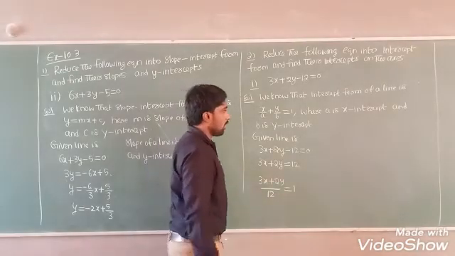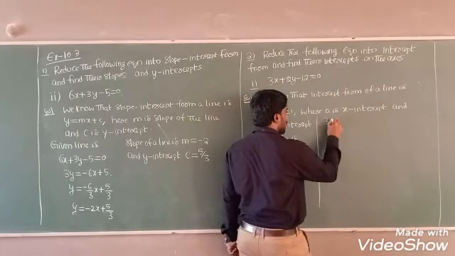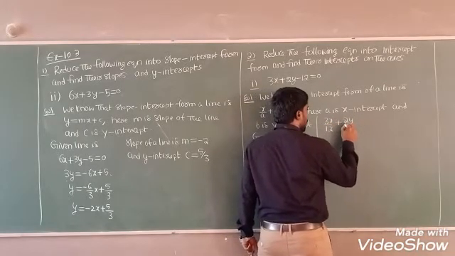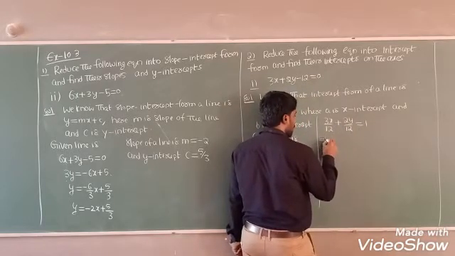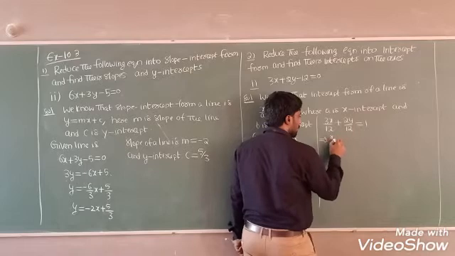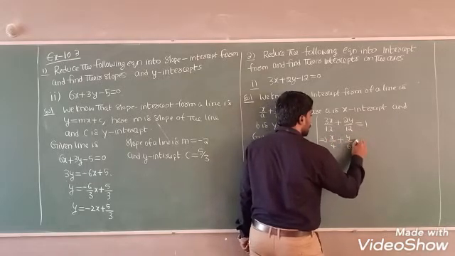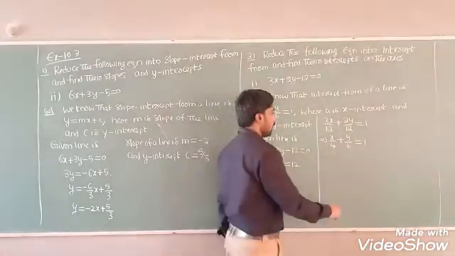Okay, now this one I have to simplify somewhat. So this one is 3x by 12 plus 2y by 12 equal to 1. So this one what I will get finally? 3 ones are 3, 3 fours are 12. I will get x by 4 plus y by 6 equal to 1. So if I compare with this equation, what is the a value here?